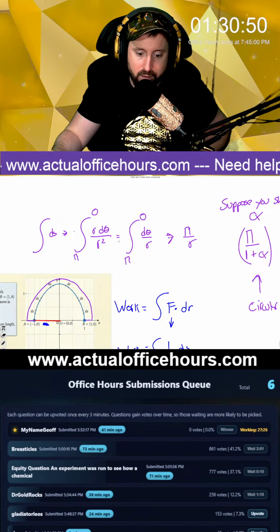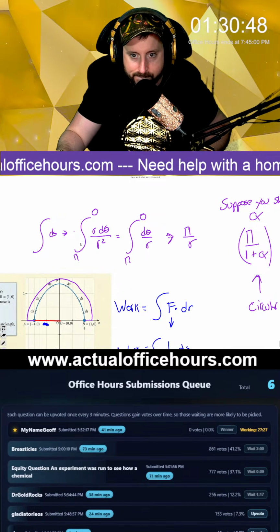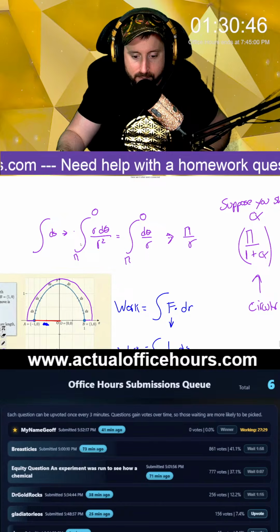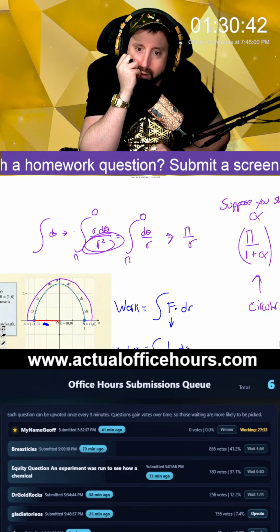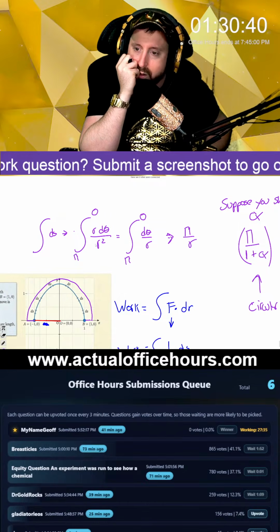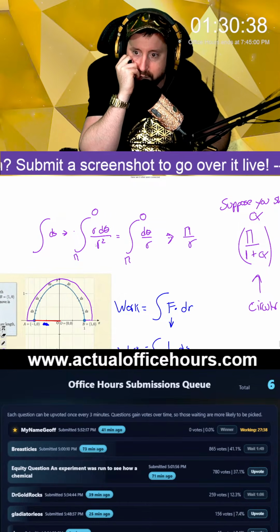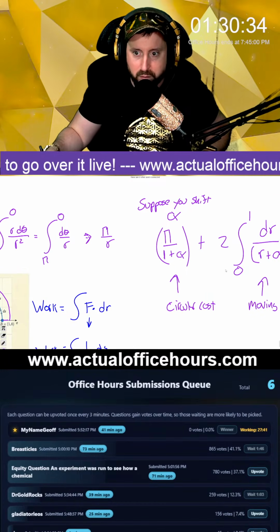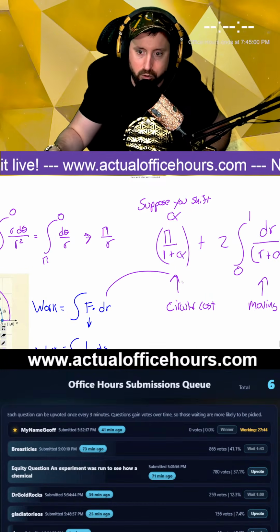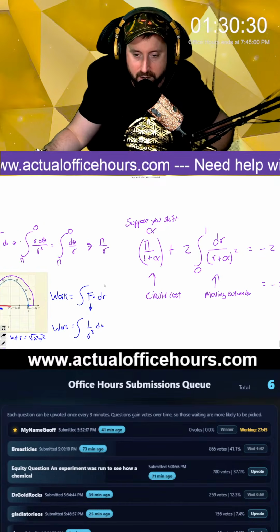Oh, I see, actually. Wait a minute. This should have changed then, maybe? Let me think. No, because it's strictly dependent just on the radius. It's always just pi over r. But your new radius is now 1 plus alpha, right? So on your circular path, your cost is less now.